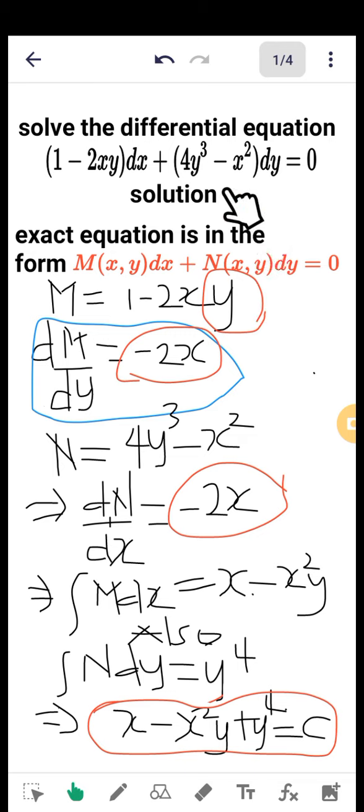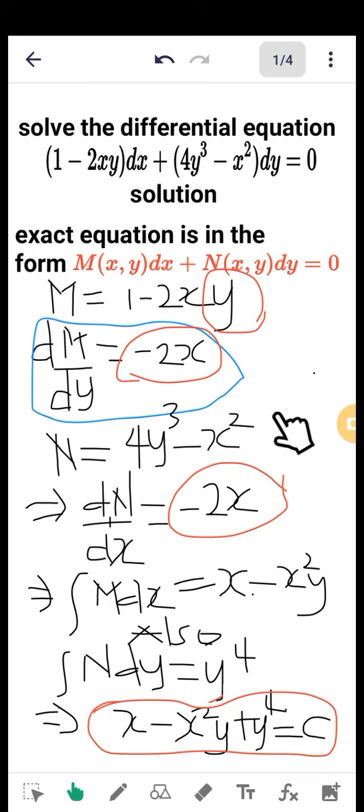From this equation, my N is this. Differentiating N with respect to only x, the 4y³ part gives 0, because we are differentiating only with respect to x, so we are getting −2x.